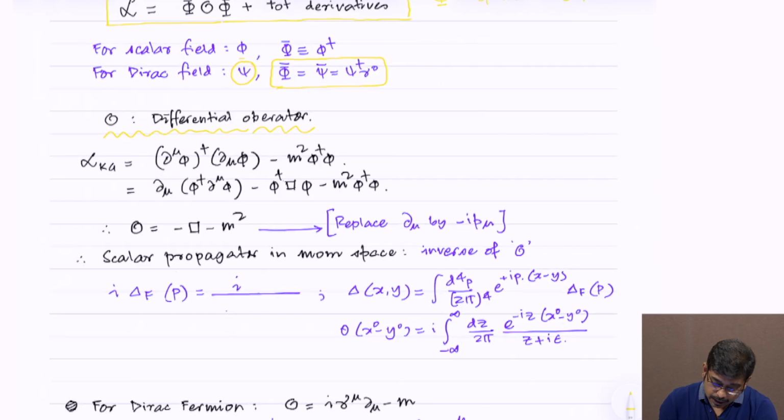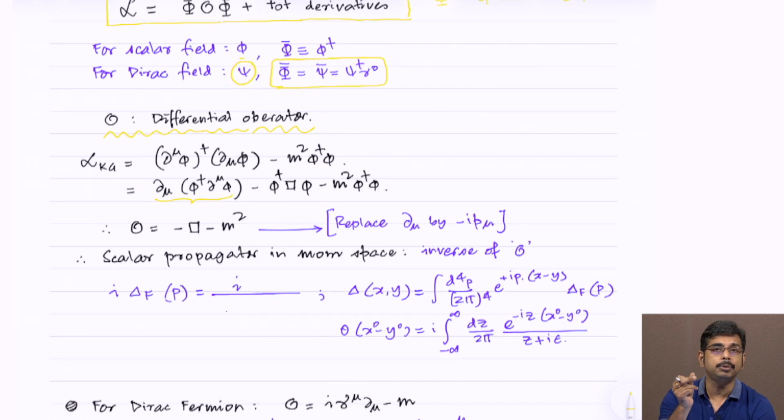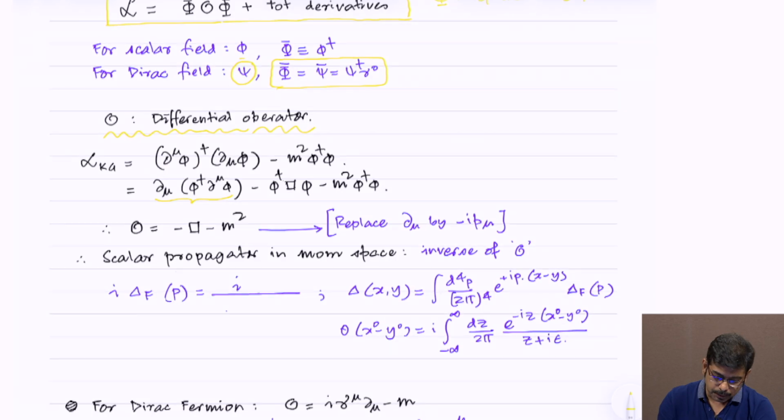Now, you can write this in a particular way, with a term like del mu acting on phi dagger del mu phi. When del mu acts on phi dagger del mu phi, you will have two terms. One, when del mu acts on phi dagger, and the other, when del mu acts on del mu phi, which gives box phi.